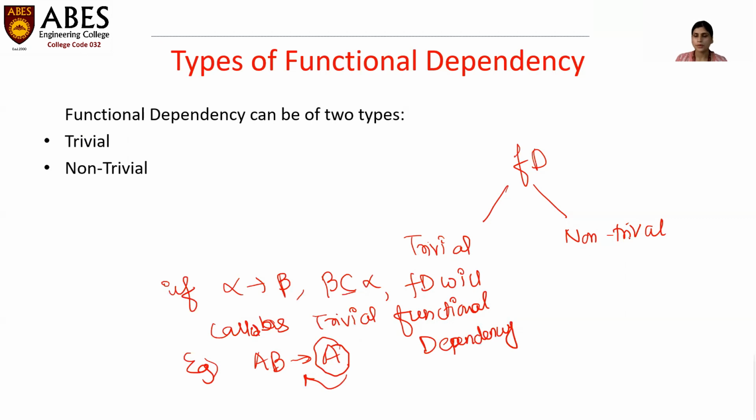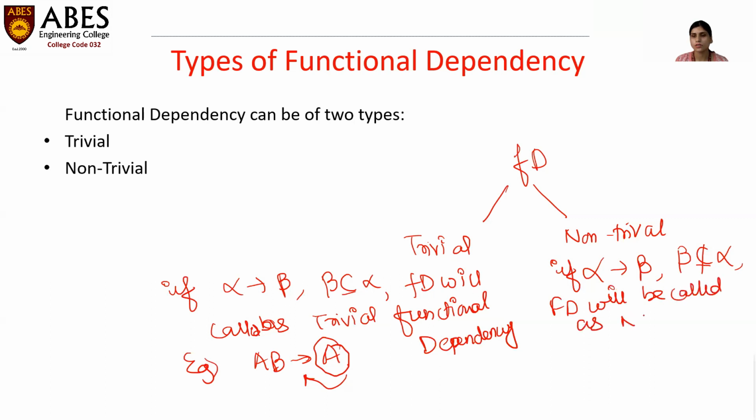Non-trivial functional dependency means that if there is a functional dependency from alpha to beta, and if beta is not a subset of alpha, then this kind of FD will be called non-trivial.